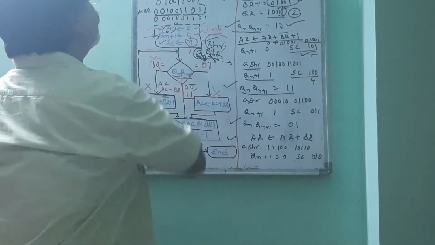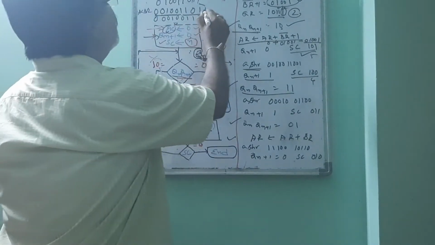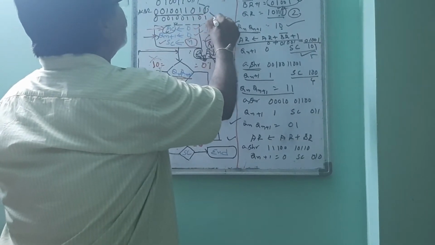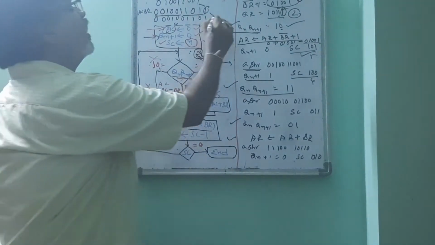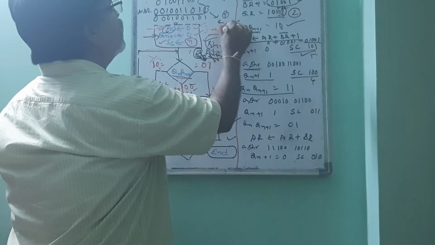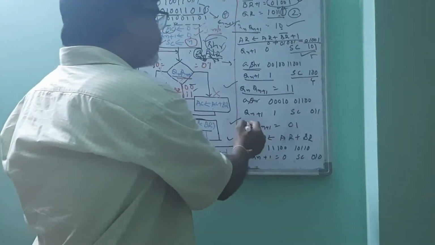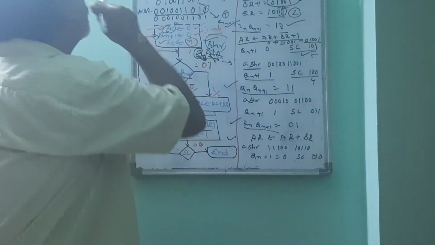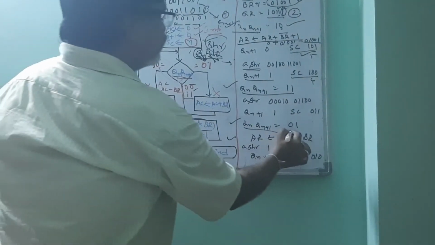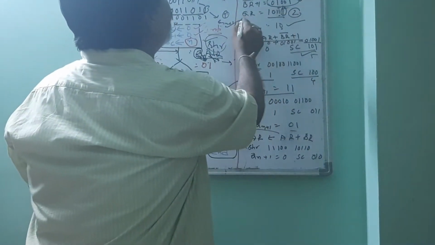Here you add one more 0 at the end, and whatever value is shifted out moves to Qn plus 1. Now Qn and Qn plus 1 become 0, 1. So here you just see QR.